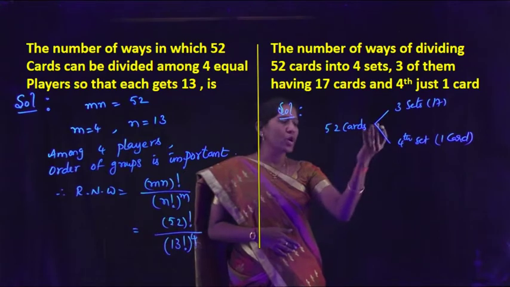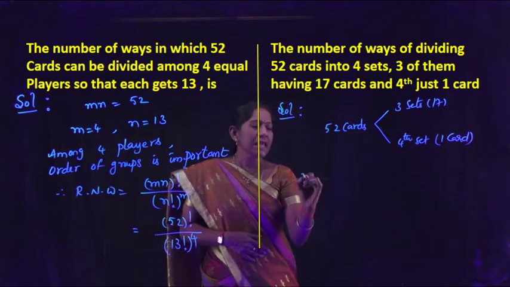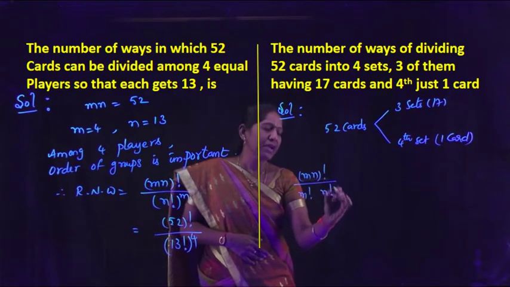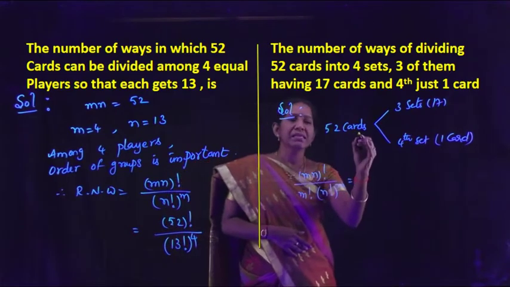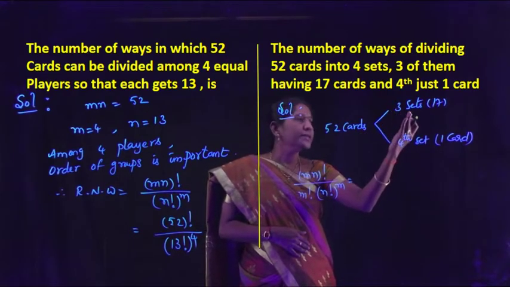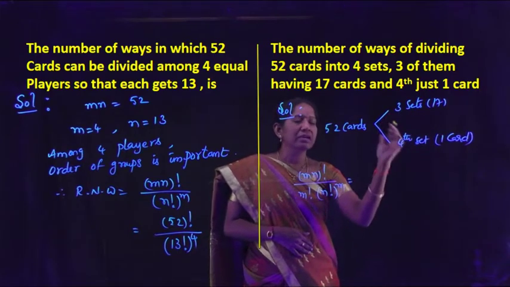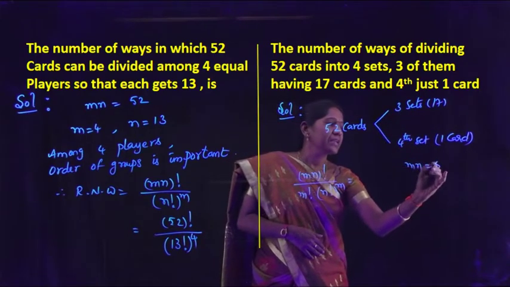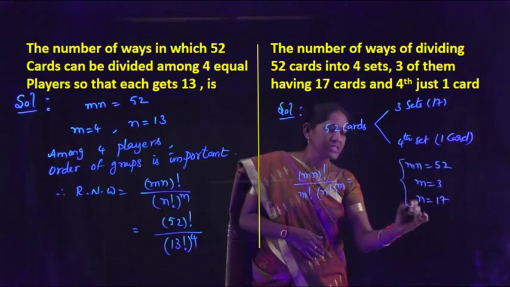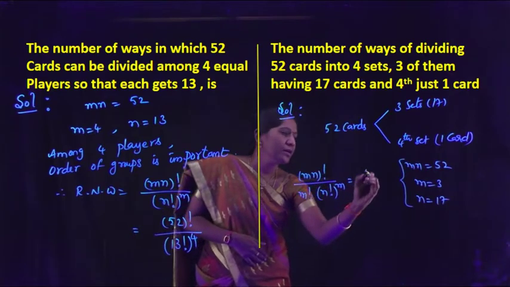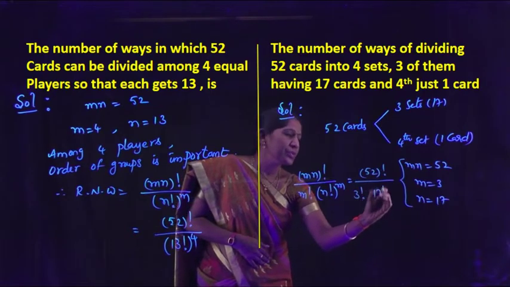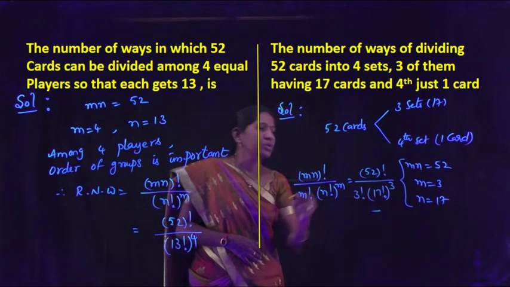Order of groups is not important here. Then it is (mn) factorial by m factorial into (n factorial) whole to the power m. mn is 52, m is 3, so n is 17. Now put these values. Then we will get 52 factorial by 3 factorial into (17 factorial) whole cube.